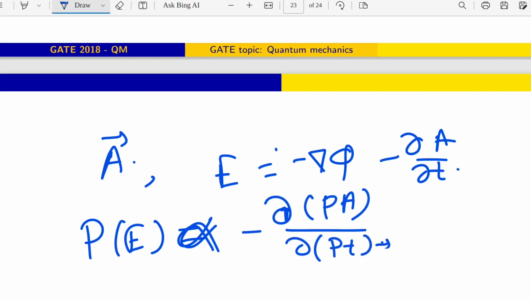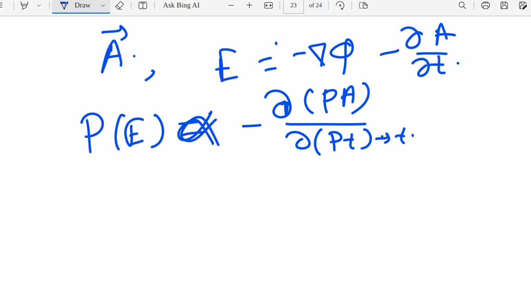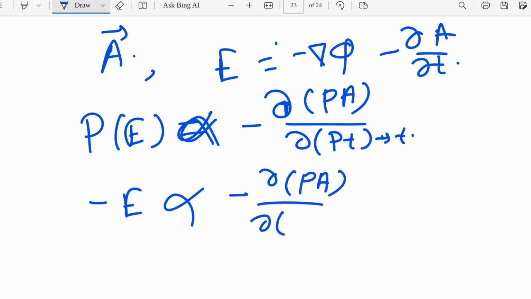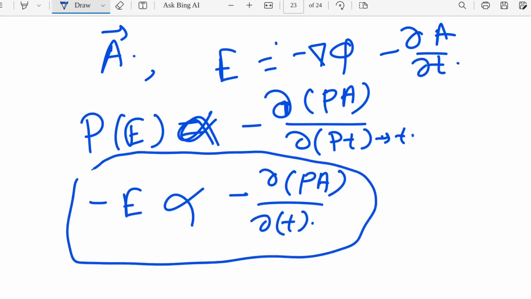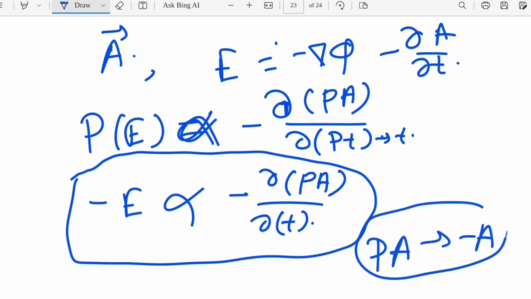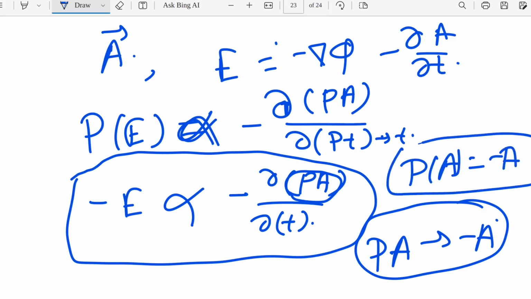P of t is only t, and P of E I have already told you gives minus E. So minus E and then minus del of P of A and then del of t. To have the exact expression correct, obviously we have to say that P of A is minus A, otherwise it will not be correct, right? So P of A is minus A, so that minus minus is plus, and our minus E will be there. So P of A will give minus A.